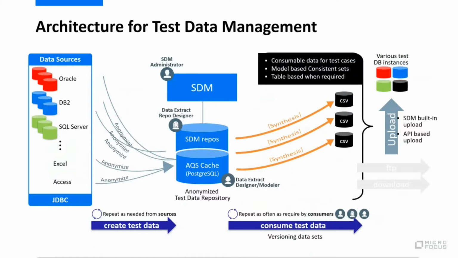And now testers can extract test data from this test data library, put it in CSV files, for example, and upload them in their test system. So they will be able to consume the test data as much as they want.